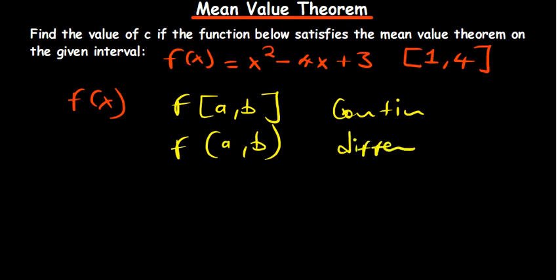And then if all these apply, the second point is that the derivative, of course this applies to a tangent, so the derivative at a certain point c is going to be equivalent to the derivative of the secant.